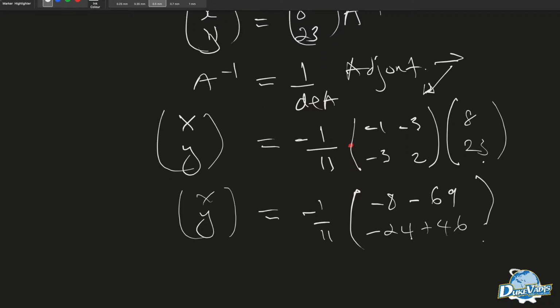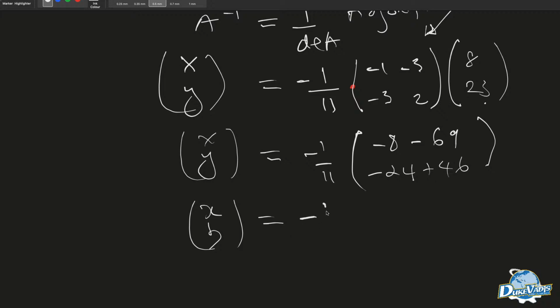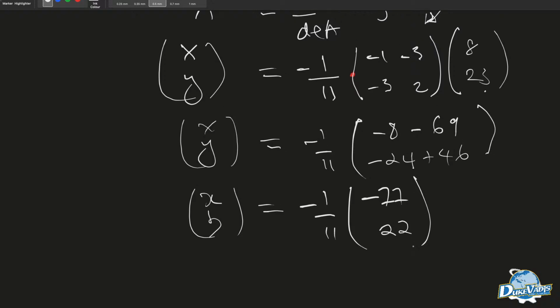Okay, see that the matrix method is so easy. So xy will further be minus 1 over 11 times this: minus 8 minus 69 will give us negative 77, and here will give us 22.